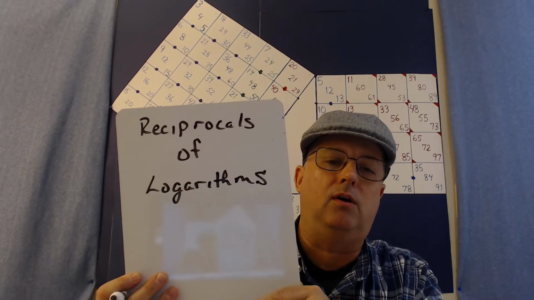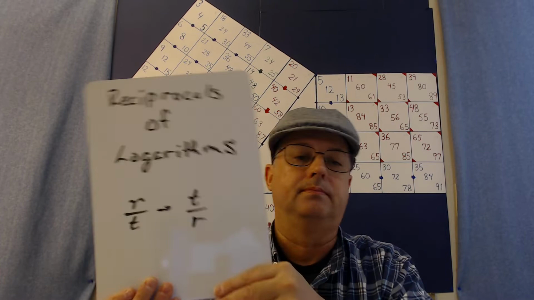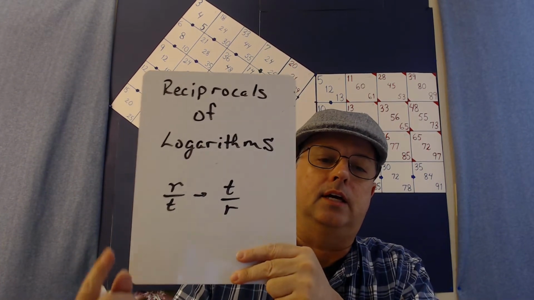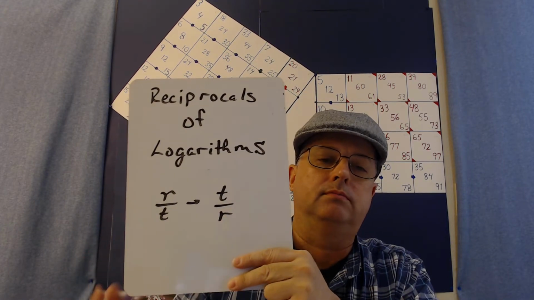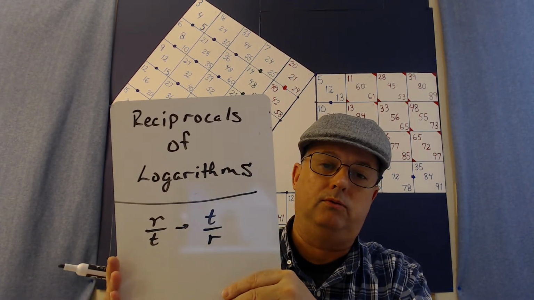Okay, and you may remember that reciprocal is when you have r over t, and the reciprocal is t over r. That's a reciprocal when we flip the fraction over. Okay, so now let's check out how logarithms work with reciprocals.